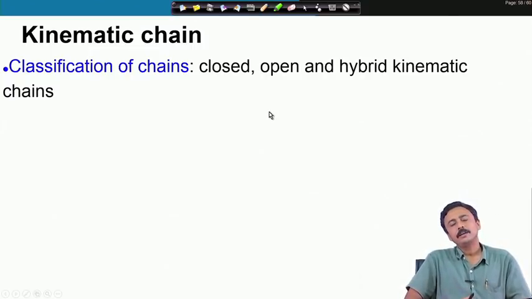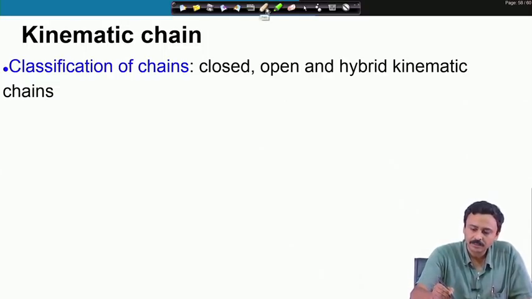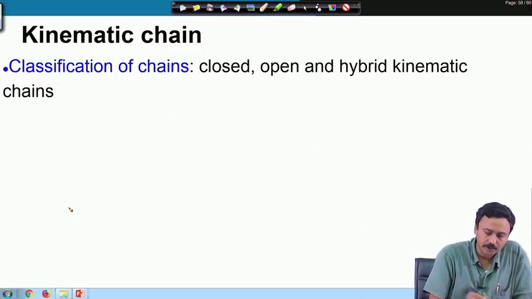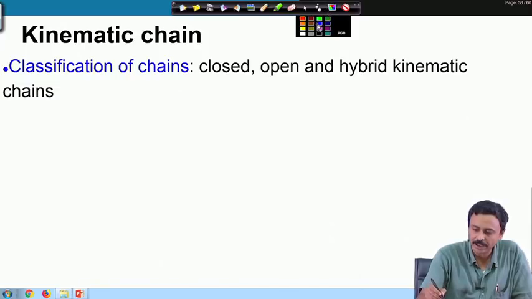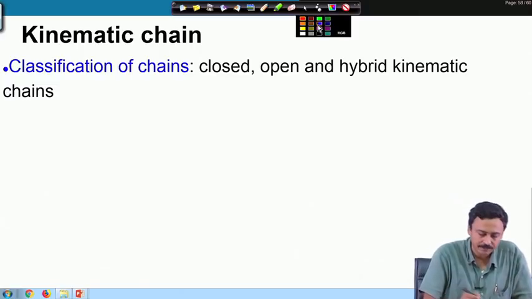Now, how do you classify kinematic chains? We classify them as closed, open and hybrid. So, what are closed chains? If I draw a kinematic chain, now you have an idea of what a kinematic chain is. It is interconnected rigid bodies.